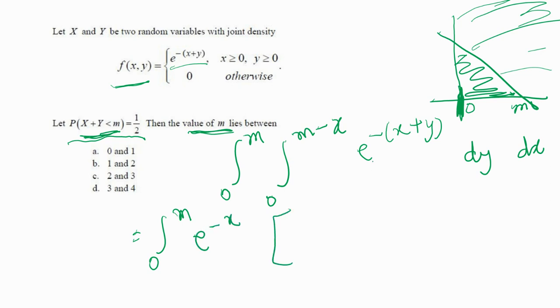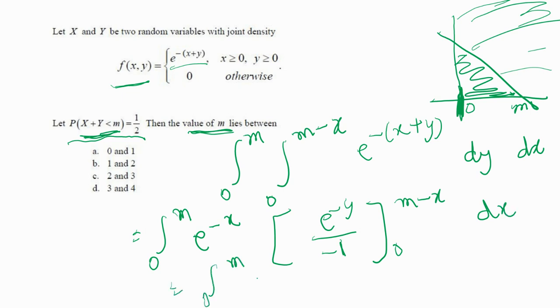The integration of e to the power minus y will be e to the power minus y divided by minus 1, from 0 to m minus x, dx. So it will be 0 to m, e to the power minus x, times e to the power minus m plus x.